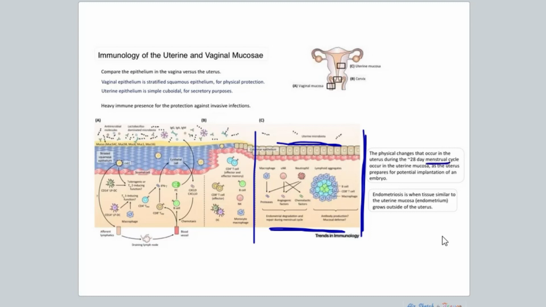There are dramatic physical changes going on with this uterine mucosa, and I'll show that on the next slide. And another thing, endometriosis. Endometriosis is when tissue that's similar to this uterine mucosa grows outside of the uterus.